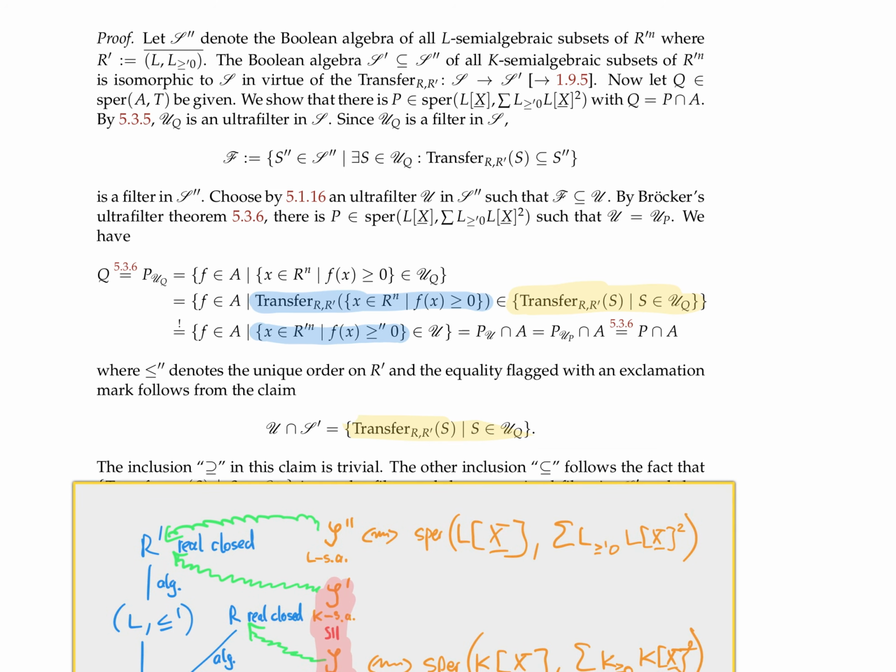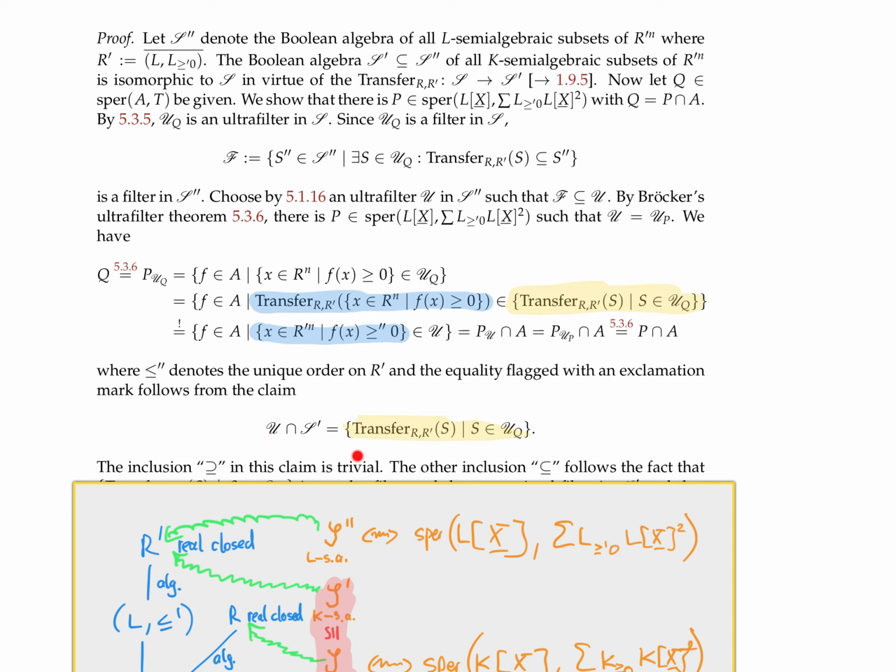The direction from right to left, yes, inclusion from right to left is clearly trivial, because UQ was an ultrafilter in the Boolean algebra S, so the elements of S are all K semialgebraic, so that this set is contained in S prime is clear, and that it is contained in U is also clear, because it's actually even contained in F, right?